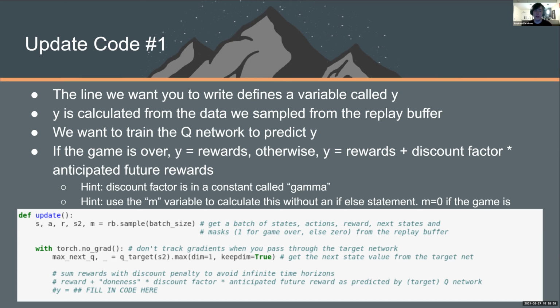But if the game is over, y is the rewards just for the current state. If the game is not over, y is the rewards plus the discount factor, which is that variable gamma that discounts future rewards, times those anticipated future rewards as calculated by the Q network. So it's kind of weird because you're using the Q network's estimate to update the Q network, but you're also factoring in the current rewards.